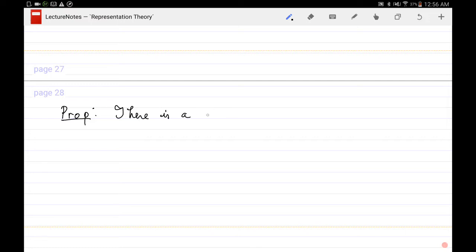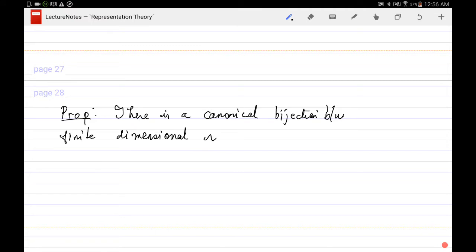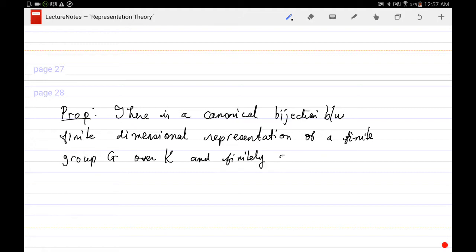There is a canonical bijection between finite dimensional representations of a finite group G over K and finitely generated non-zero KG modules.